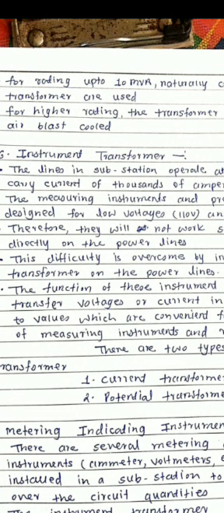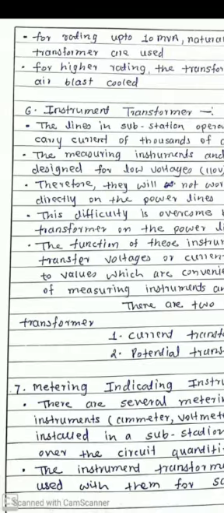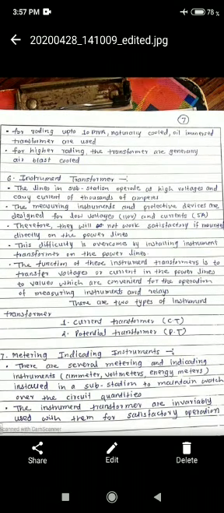Next are the metering and indicating instruments. There are several metering and indicating instruments, such as ammeter, voltmeter and energy meter, installed in a substation to keep watch over the circuit quantities.